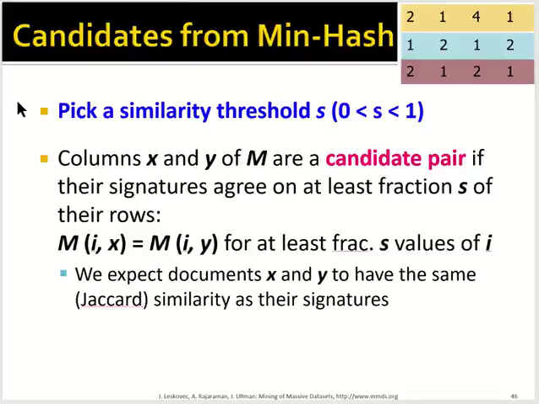The threshold is used to decide whether columns are candidate pairs. If their signatures agree on at least a fraction S, then we would expect the documents X and Y to have the same Jaccard similarity as their signatures.